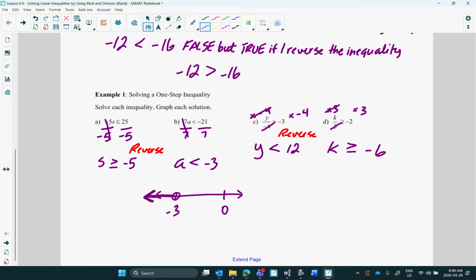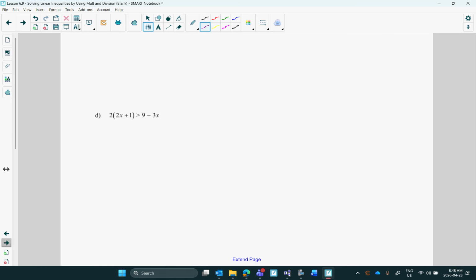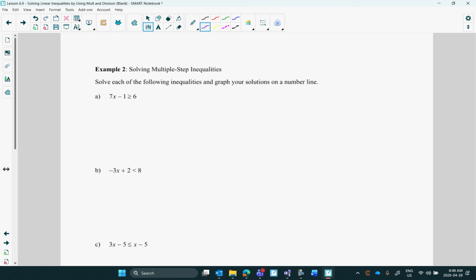So let's look at a few more examples. Again, we'll graph maybe one of these. I think you guys are pretty good at that, so we're not going to do every one in the interest of saving a little time. Okay, how would you solve this?